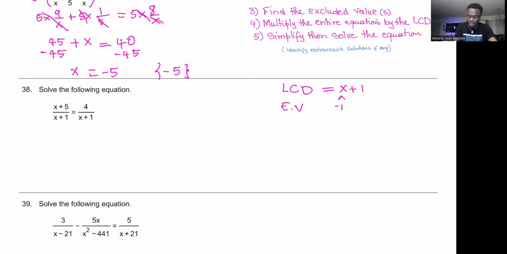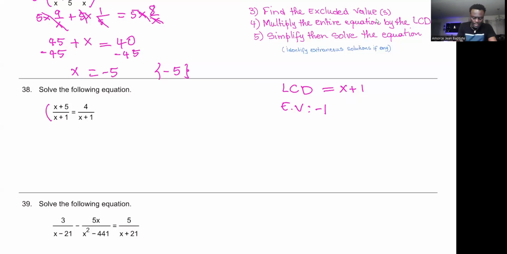So basically your excluded values are all the values the variable can take that will make the LCD equal 0. That is -1 here, because if x equals -1, the LCD equals 0.